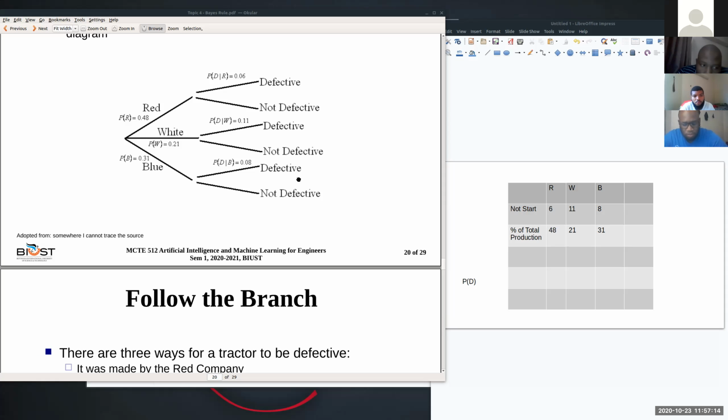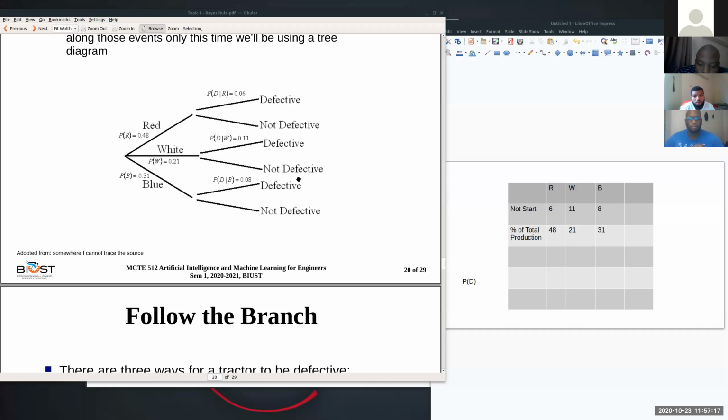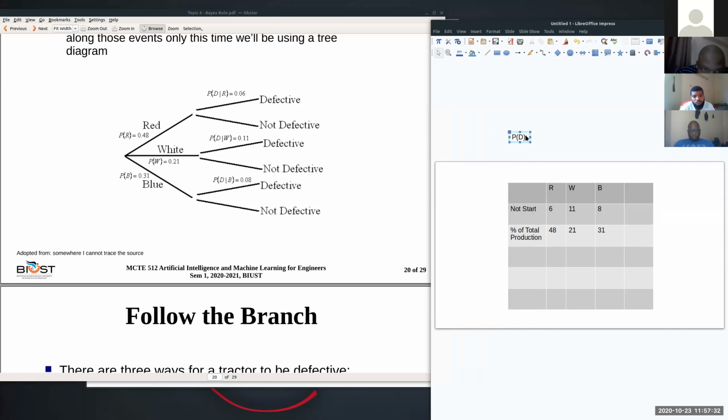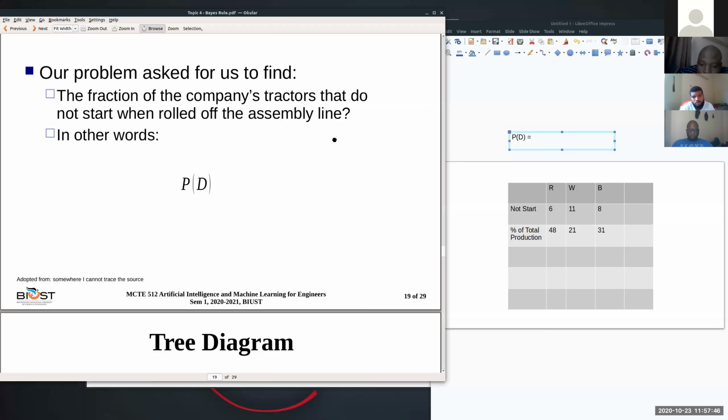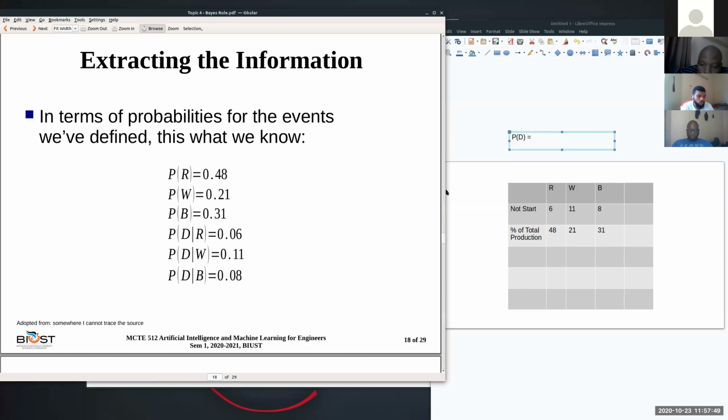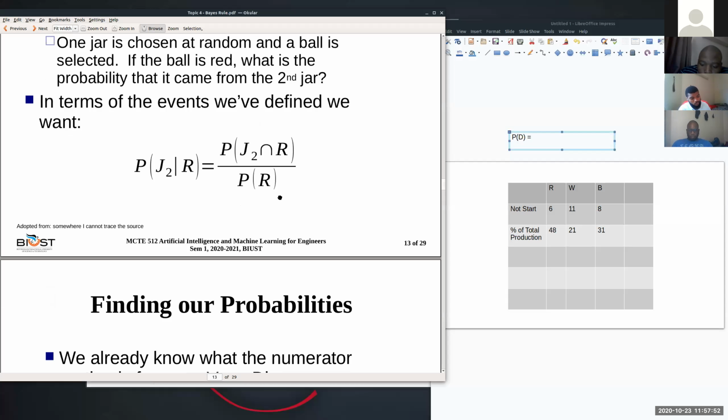How do we write it? So this one, the probability of it being defective. Remember our first equation? We'll go back to the equation above. The probability of being defective is based on which line the tractor is from.